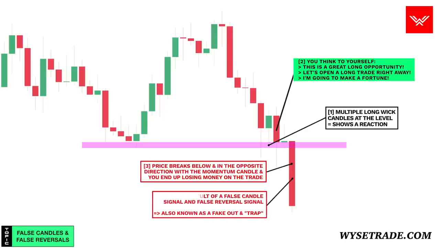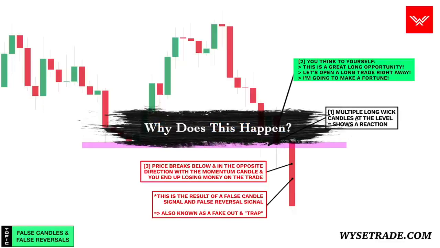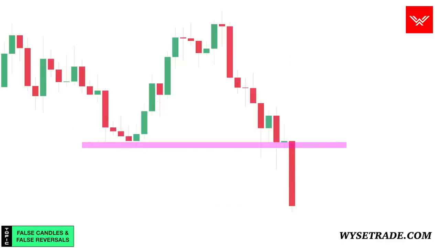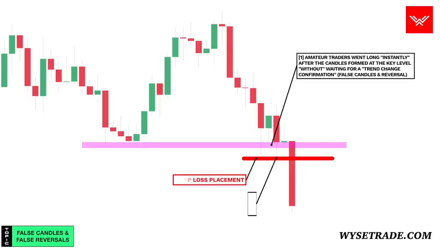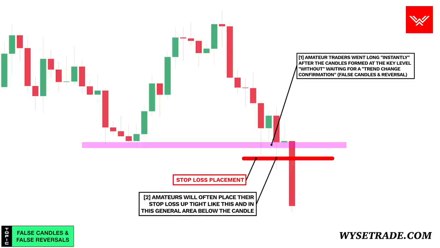This was a false reversal, also known as a fake out or a trap. So why does this happen? Amateur traders who don't wait for a trend change confirmation will enter right away after the candle patterns form at the level here. And they will often place their stop losses up tight, in this area here below the candle.